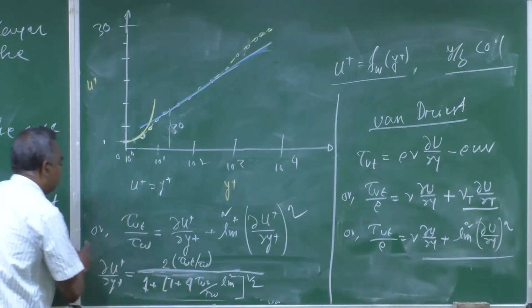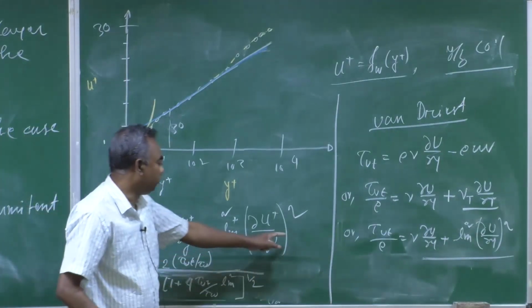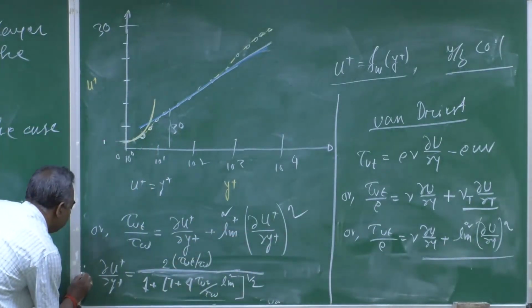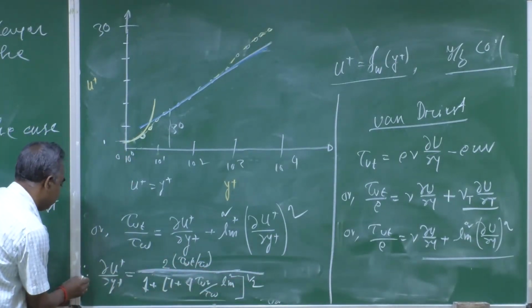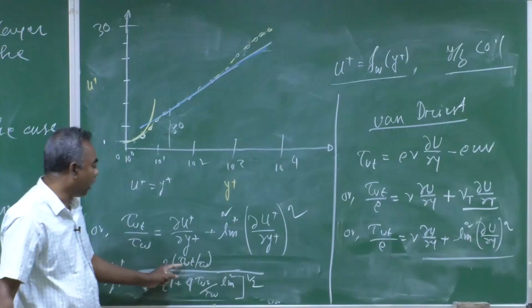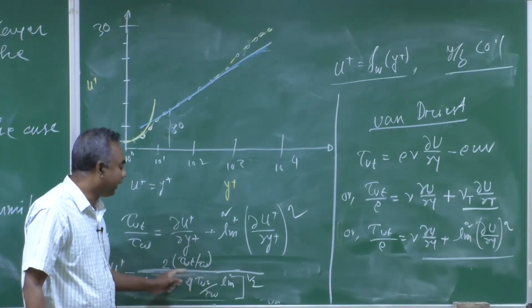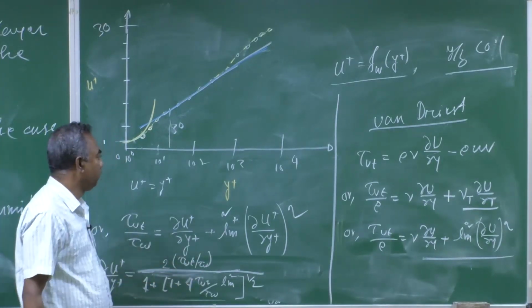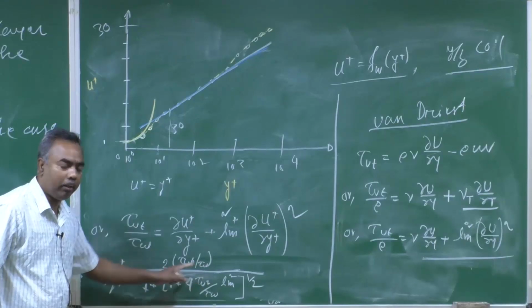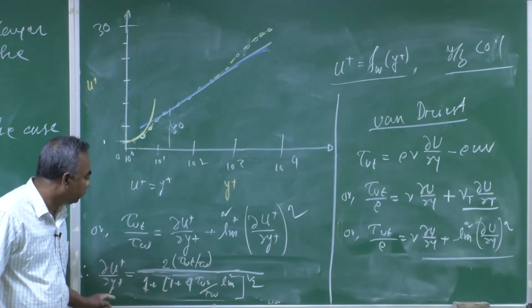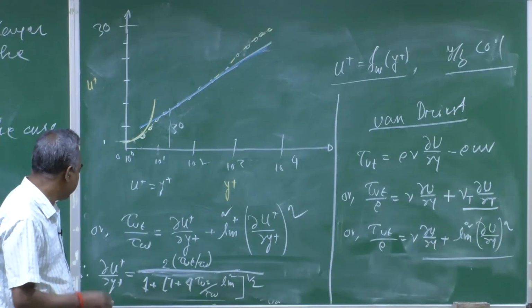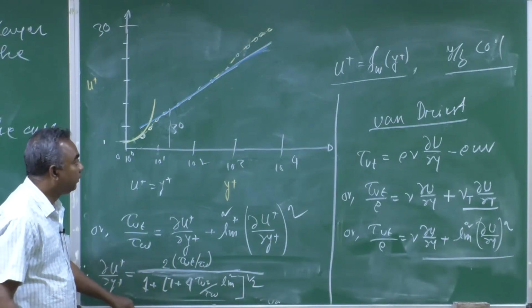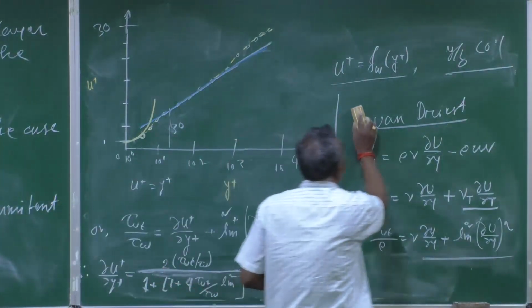So, the solution of this equation can be written as this, okay. Now, very close to the wall, tau v t by tau w can be considered to be 1, okay. Very close to the wall, this can be considered to be 1. So, in that particular case, your equation becomes, let me write it here.